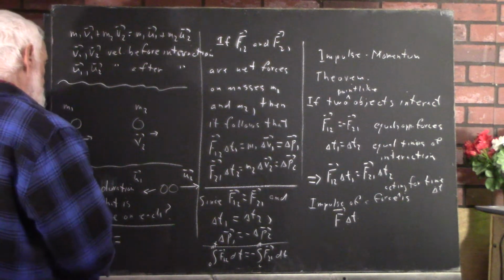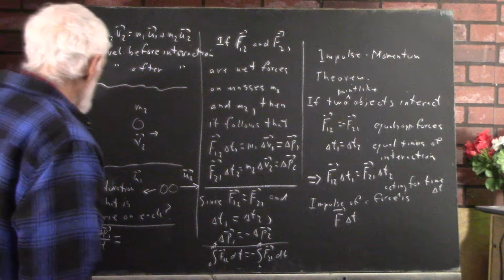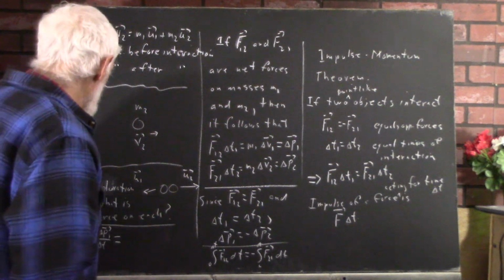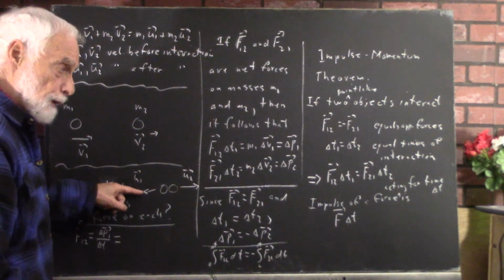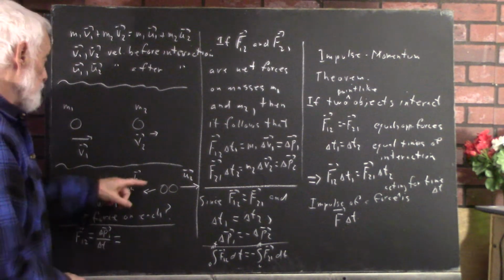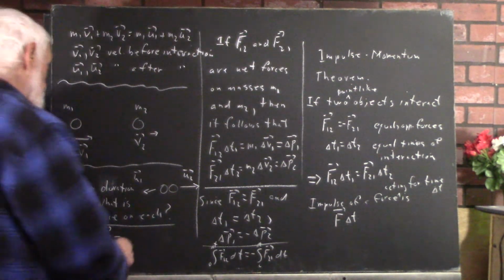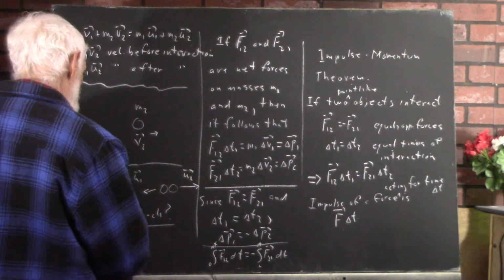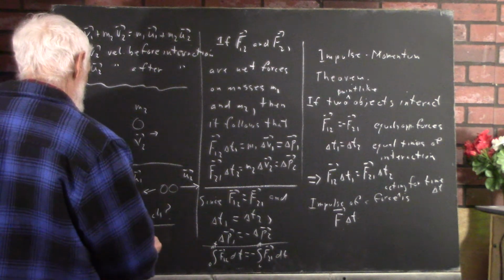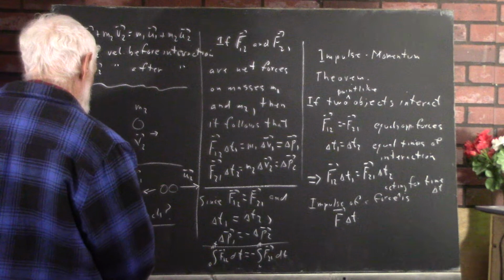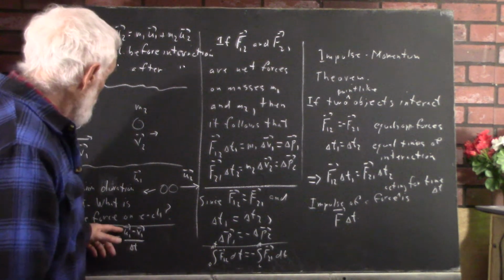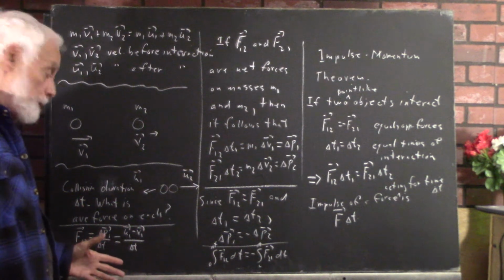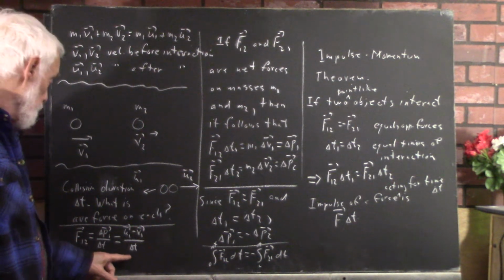What's the change in momentum of this first object? We're changing from v1 to U1, so the change in momentum is U1 minus v1, over delta t.